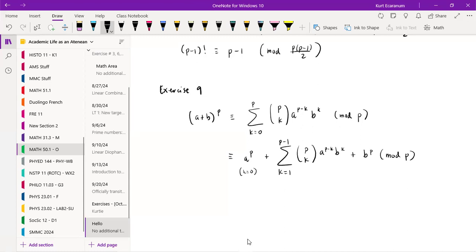Okay? Sige, para mas madali, try nating i-grupo. So, a to the p plus b to the p plus the summation, okay, p choose k pala, rather. So, ibig sabihin would be p factorial over k factorial p minus k factorial.